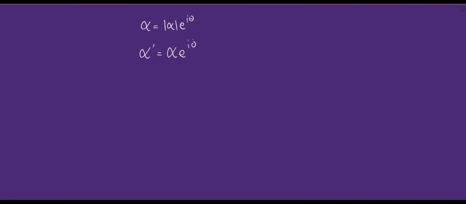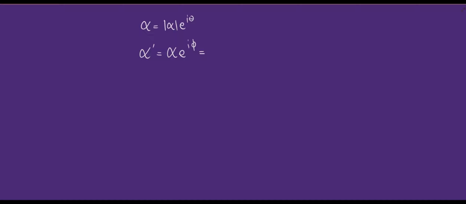Okay, so now let us write alpha as mod of alpha e raised to i theta. We write it in the polar form. And let us consider some alpha prime, which is equal to alpha times e raised to i phi.